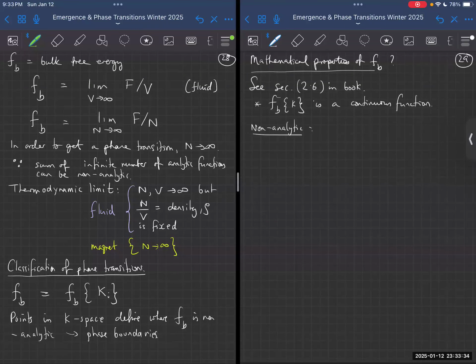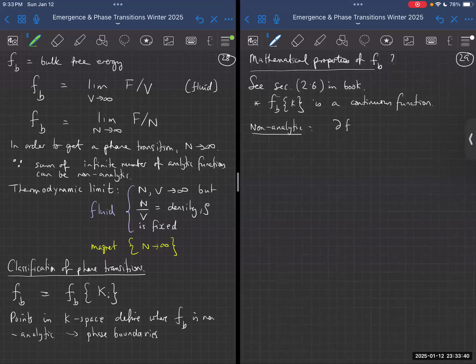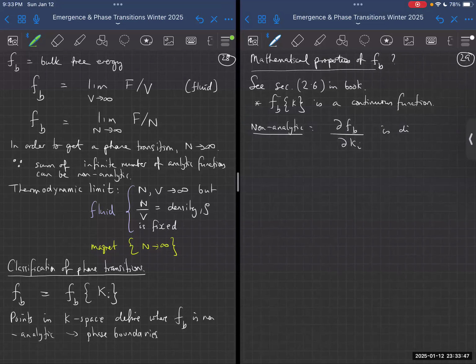One way would be that there is a derivative discontinuity, and that's what we call a first order transition. That's the first way.